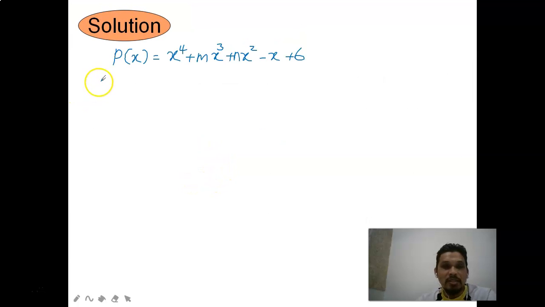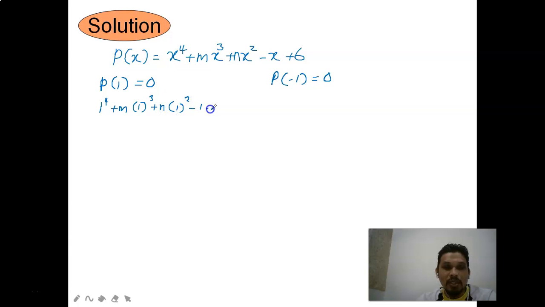So it means that P(1) equals 0 and also P(negative 1) equals 0. Okay, so then substitute x equal to 1. 1 to the power of 4 plus m times 1 cubed plus n times 1 squared minus 1 plus 6 equals 0.